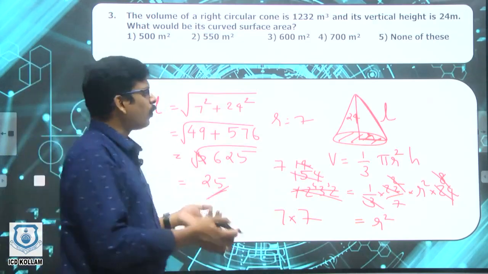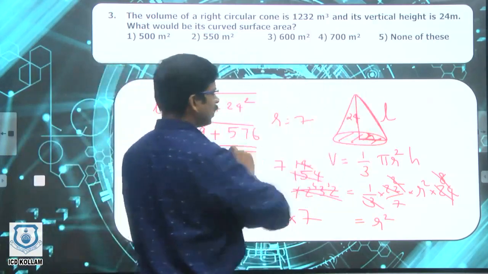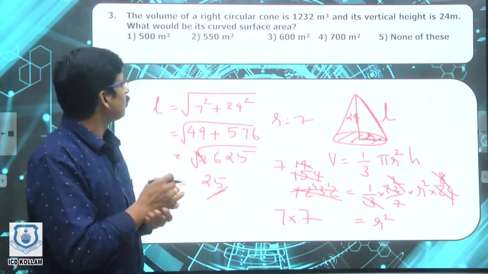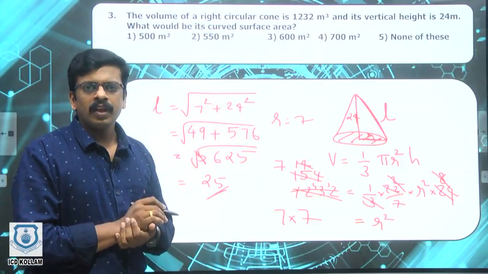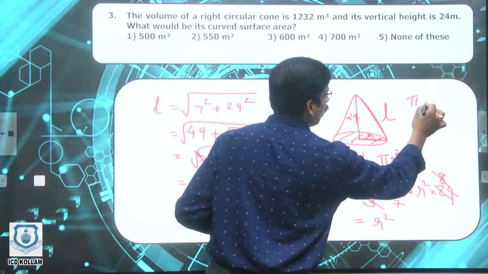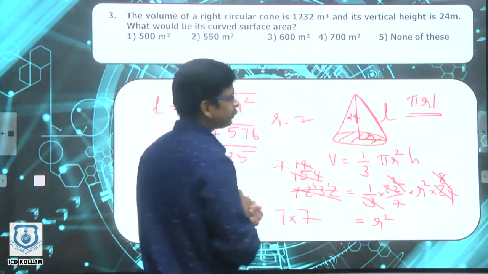And you know the formula for finding the curved surface area of the cone, which is pi r L. You need to learn this formula by heart. Pi r L is the required formula.